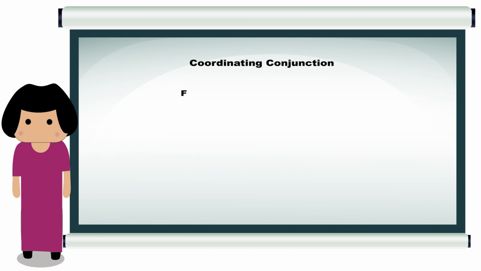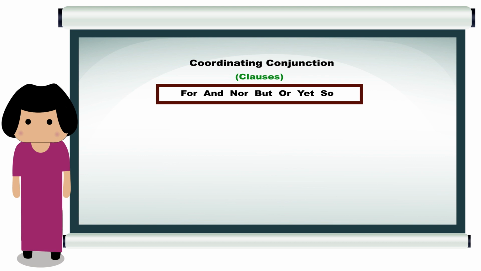Okay? Now we have seen the coordinating conjunctions which can be used to connect words and phrases. Now let's see which conjunctions can be used to connect clauses. Basically, all of these conjunctions can be used to connect clauses, but there are 3 coordinating conjunctions that can be used to connect clauses only.